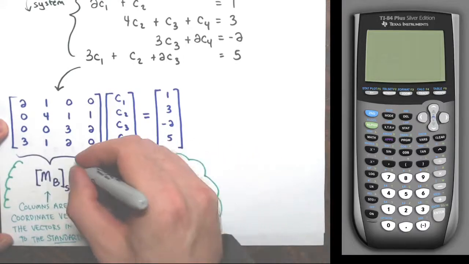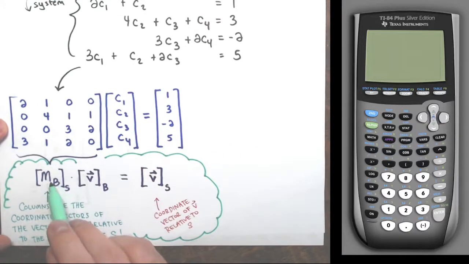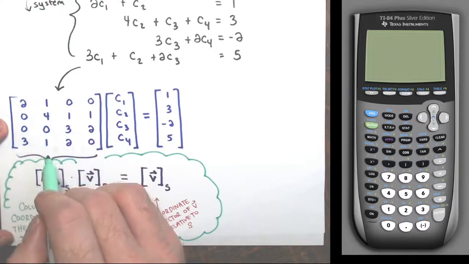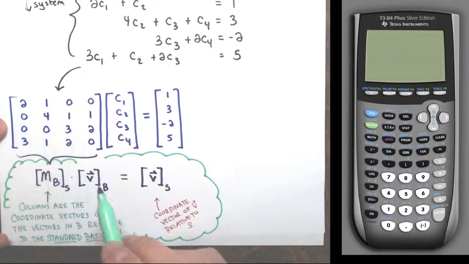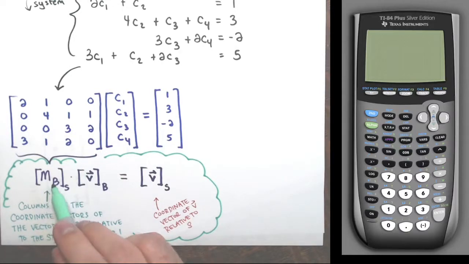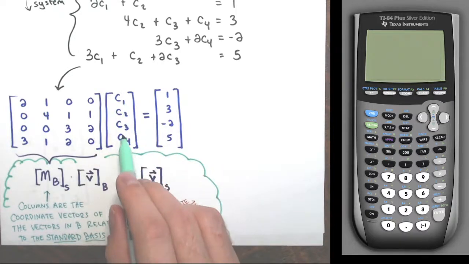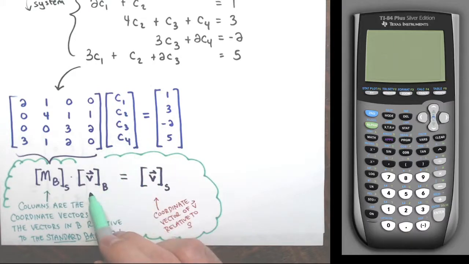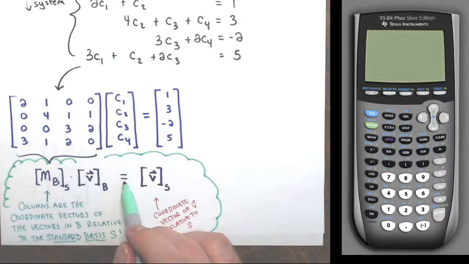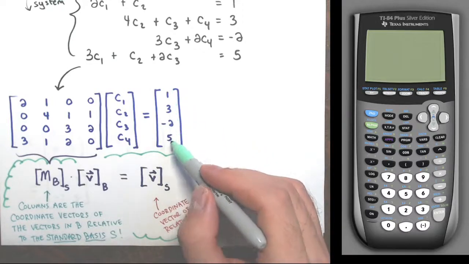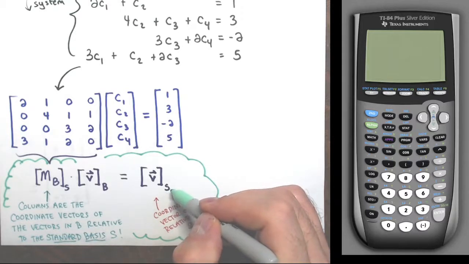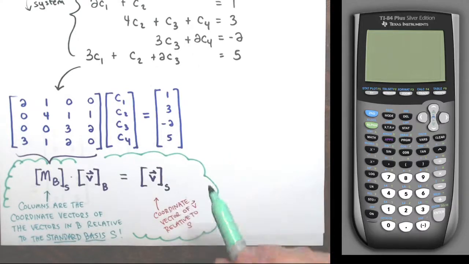Right here, this equation: the columns of the coefficient matrix are the vectors in B, but their coordinates with respect to the standard basis, S, multiplied by the vector we're looking for, the coordinate vector for V with respect to basis B, should be equal to the coordinate vector for V with respect to basis S, not just V. Because the vectors are not always vectors from Euclidean space.